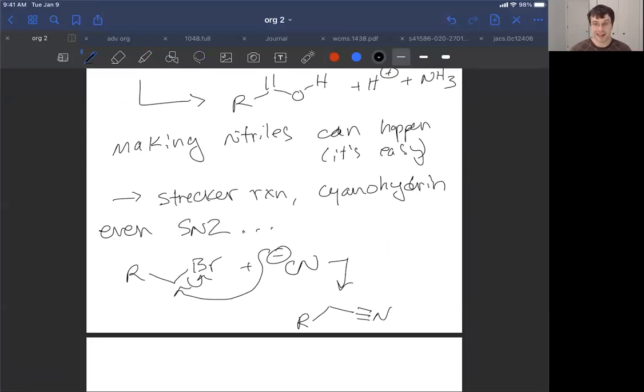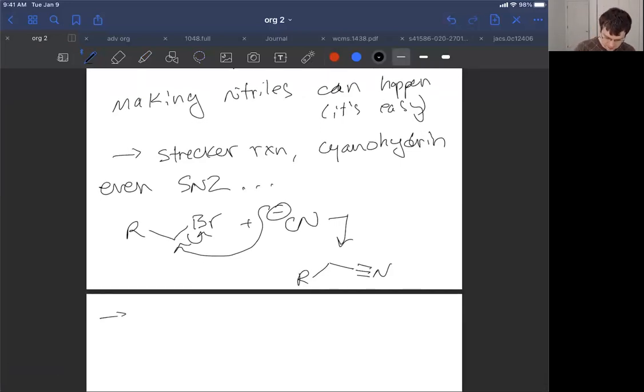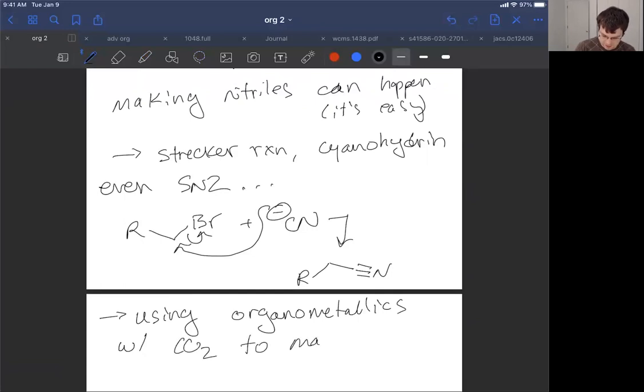Okay, now what I want to end with, sorry to rush to get here, but I just really like this reaction, is we can use organometallics. I just love this reaction. Using organometallics with CO2 to make carboxylic acids.